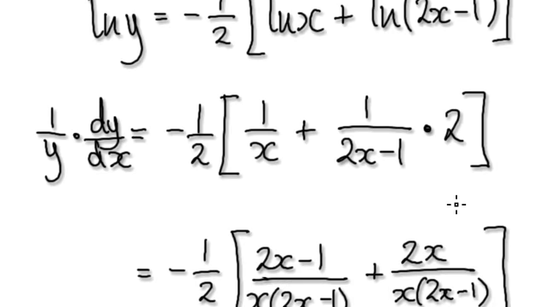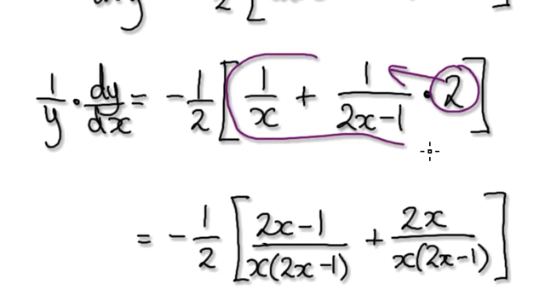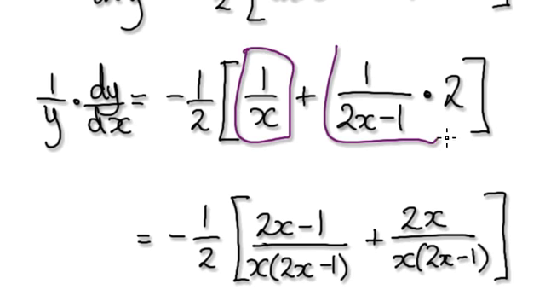Okay, and then this 2 here gets multiplied to the top, and then try and merge these two fractions together. So at the moment you've got this fraction plus this fraction here, and then merge the two together.